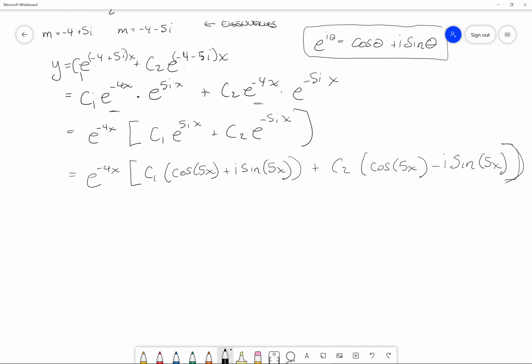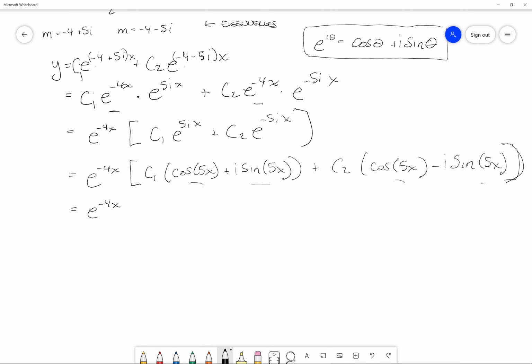So what we can do is take the coses, bring them together, and those are the real parts, and then the imaginary parts we can also bring together. So what we have here is e to the negative 4x.